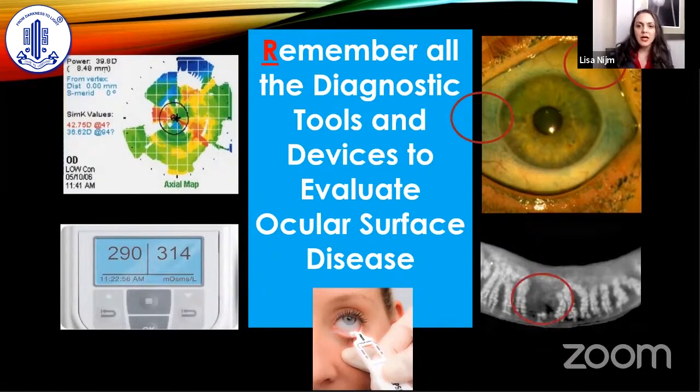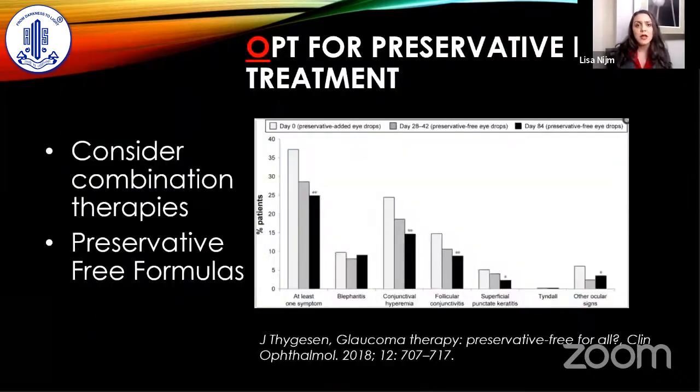In addition, there are glaucoma medications such as the prostaglandins that are associated with a higher rate of meibomian gland dysfunction and are thought to cause meibomian gland dysfunction. And so imaging the meibomian glands of these glaucoma patients can also be key in identifying ocular surface disease. The O was to opt for preservative-free treatment.